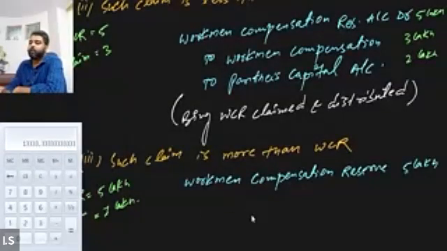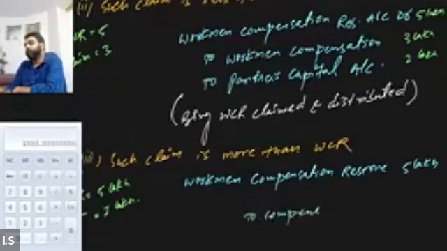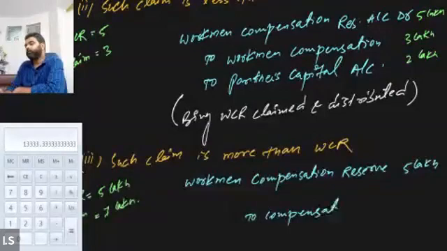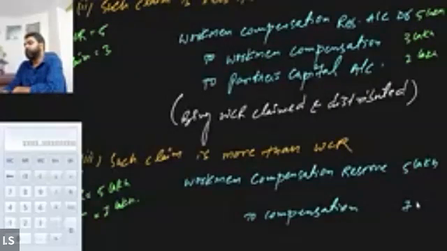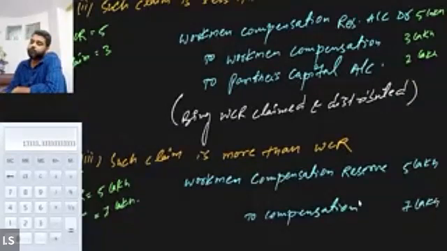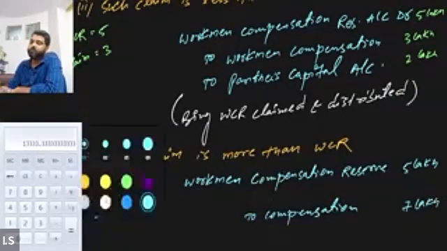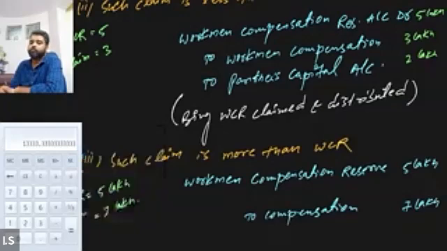And the compensation that we need to pay to the employee is 7 lakh, right? So the workman compensation account will be credited by 7 lakh. Got it, everyone? The question arises from where the remaining amount will be given to the employee.